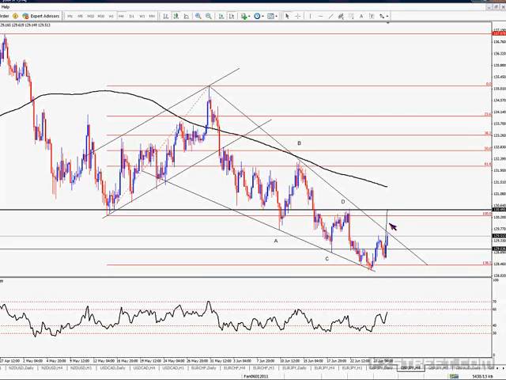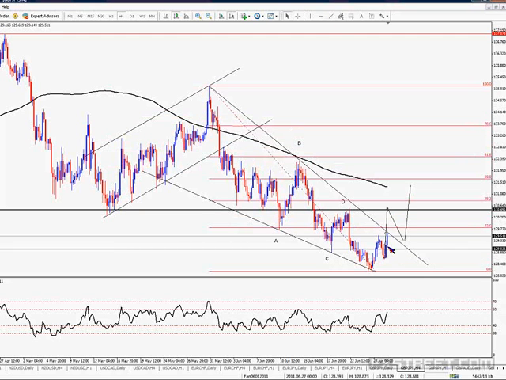A short-term correction, we break above this, maybe we get some kind of a pullback, and then that would give us more of a head and shoulder pattern. And then we still are vulnerable to resistance here below these lows. Once we start making higher highs and higher lows, breaking above the 200 moving average, staying above the 200 moving average, then we can start looking for a medium-term rally.